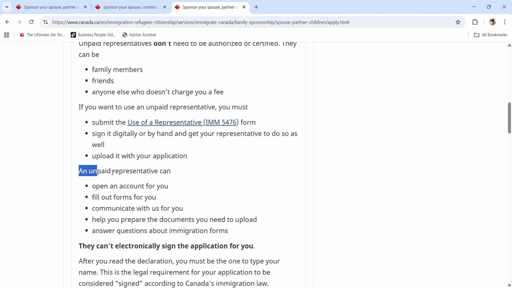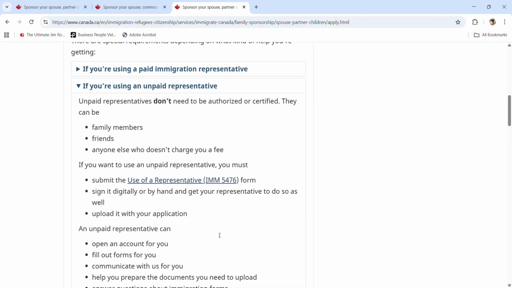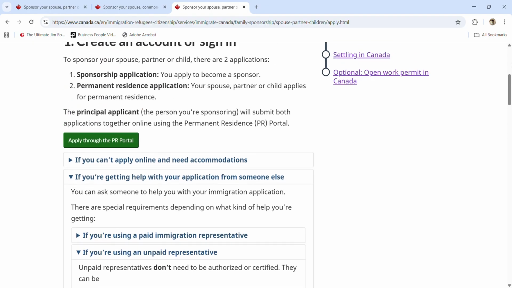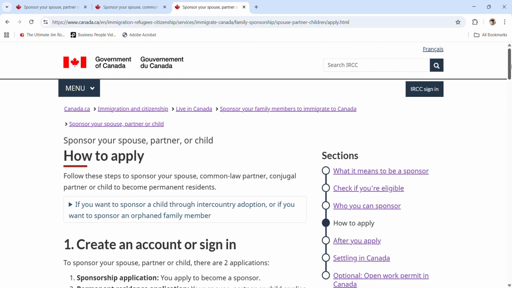An unpaid representative can open an online account for you, can fill out the forms for you, can communicate with the IRCC for you, and can help you prepare the documents that you need to upload, and answer questions about immigration forms. So that is for an unpaid representative. That is the link from the IRCC.